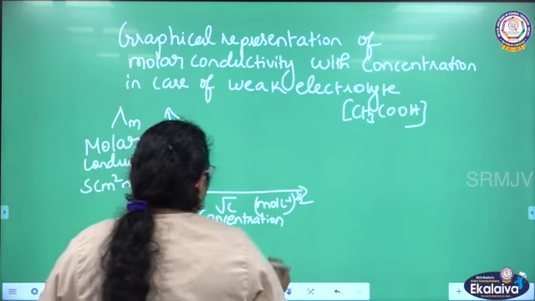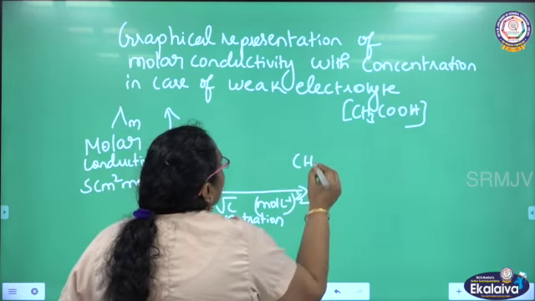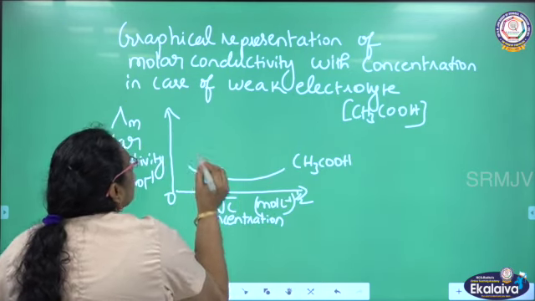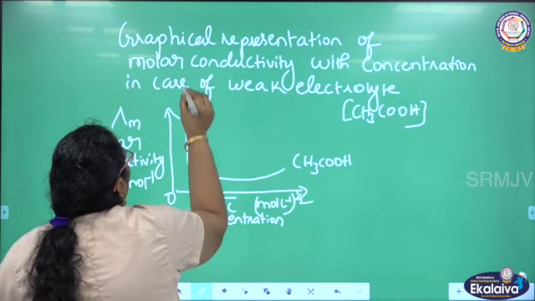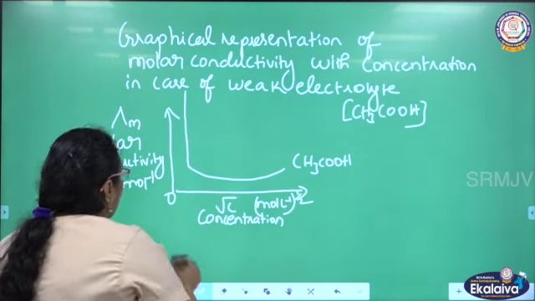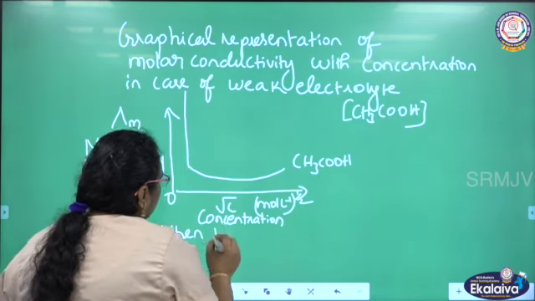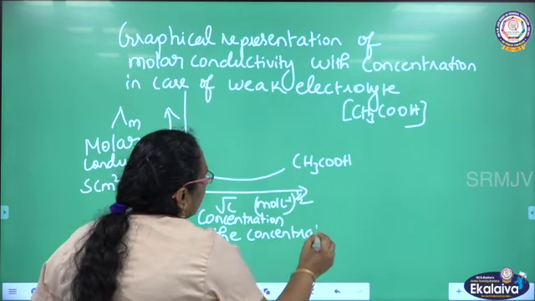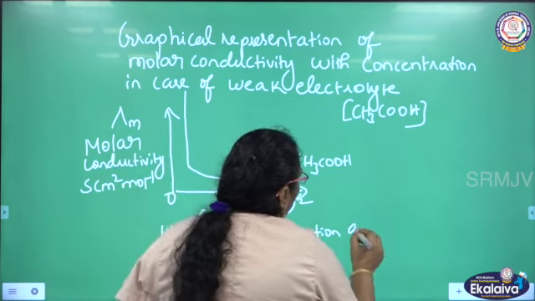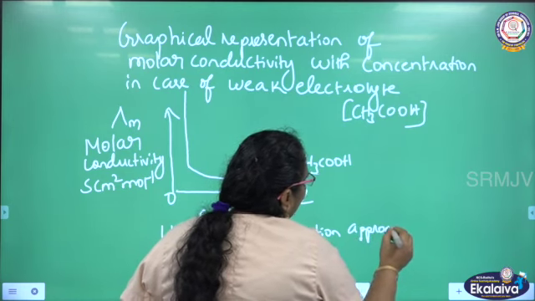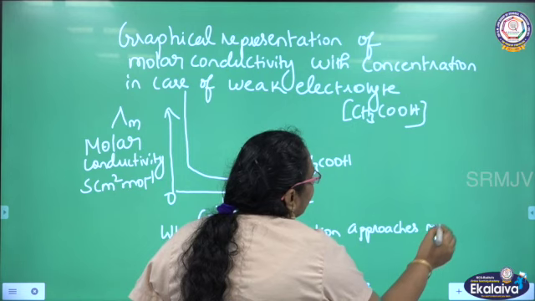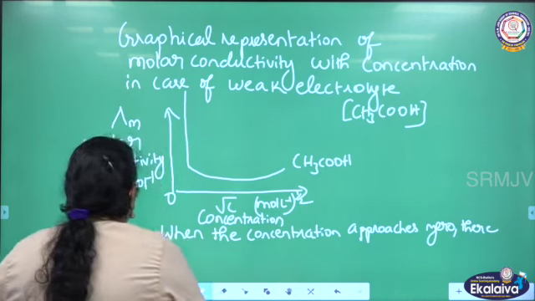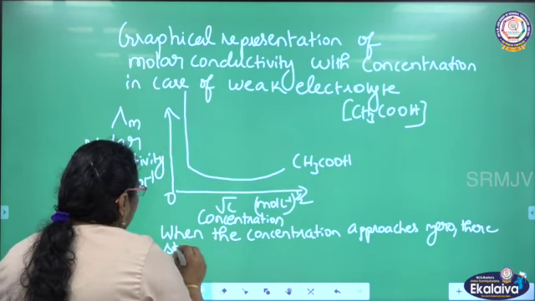Let us see now. I am talking about acetic acid or ethanoic acid. As the concentration decreases and approaches 0, see the molar conductivity: there is a steep increase in the molar conductivity.